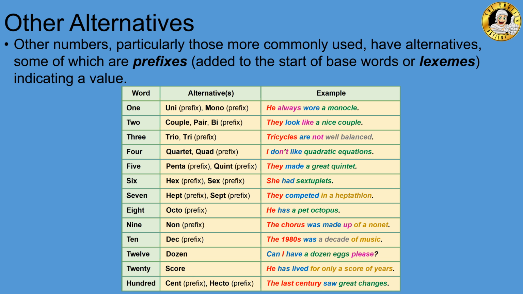Can I have half a dozen eggs, please? 20, score. He has lived for only a score of years, meaning he's 20 years old. And for 100, cent is a prefix and hecto is another prefix. So the last century saw great changes. A century is a period then of 100 years.